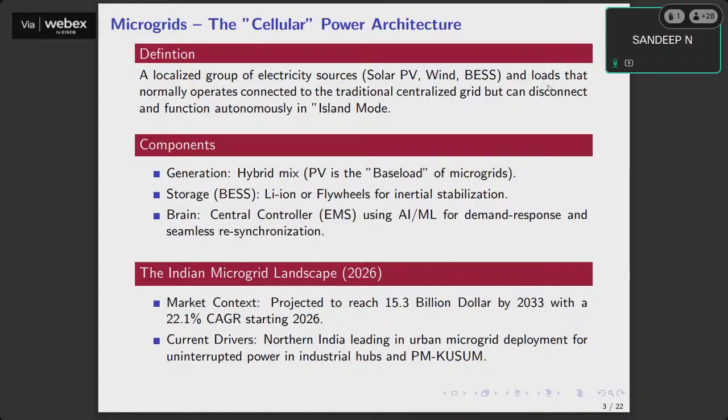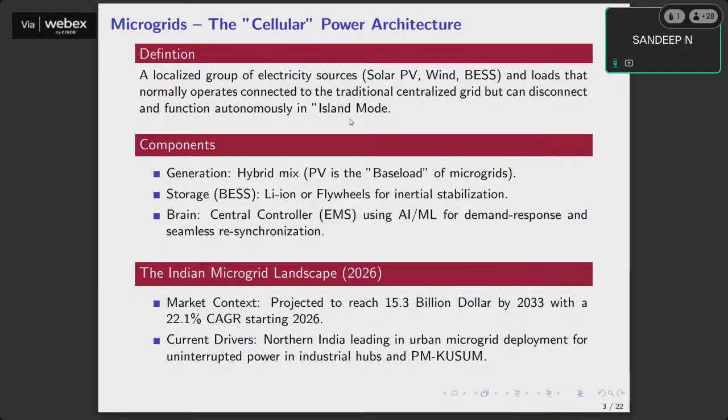We also have loads that are part of our microgrid, and they're connected. It could be connected to a centralized grid, but can also disconnect and function autonomously in islanding mode. So that is a simple definition: a localized group of sources and loads that might be connected to a centralized grid, or could function autonomously on its own in islanding mode.